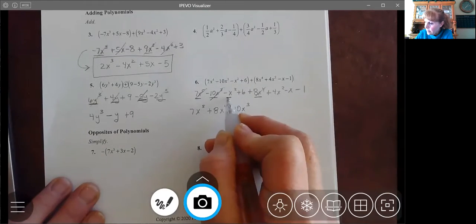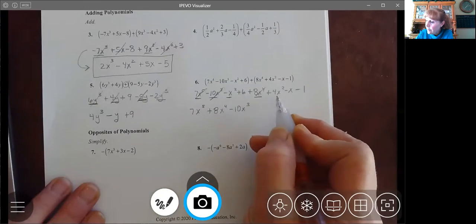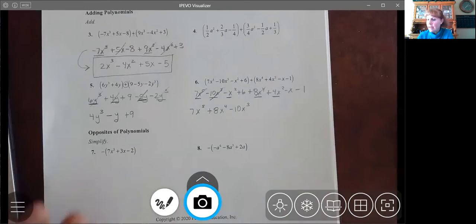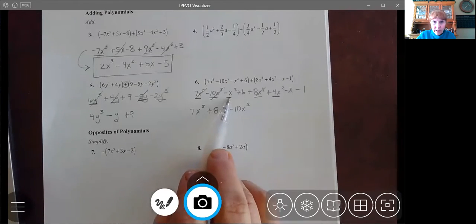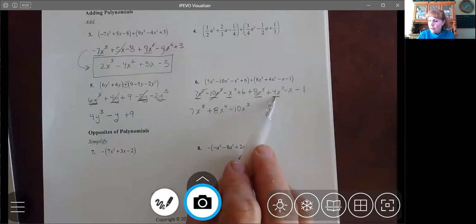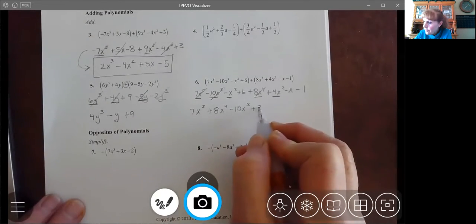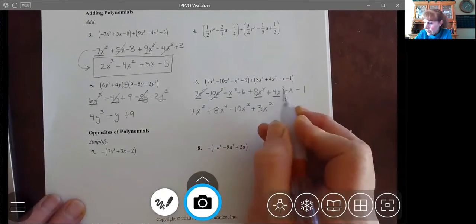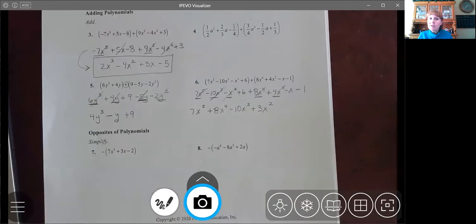We have 2 of them: -1x squared and a positive 4x squared. When I add those coefficients in front, -1 and 4, I get a plus 3x squared. Notice I'm not adding exponents. They stay the same. It's only when you're multiplying or dividing or a power to a power that they'll change.